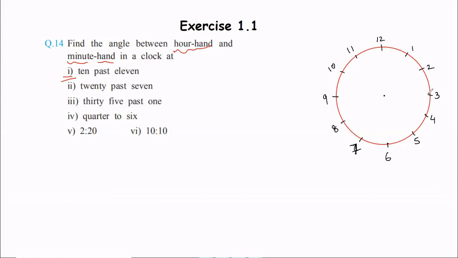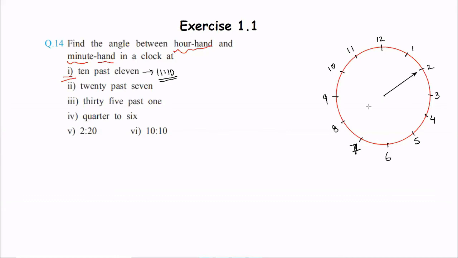We will have 1 hour hand and 1 minute hand. The first case is for 10 past 11, which means the time is 11:10. Let it be AM or PM, it doesn't matter. So the minute hand will be exactly at 2.